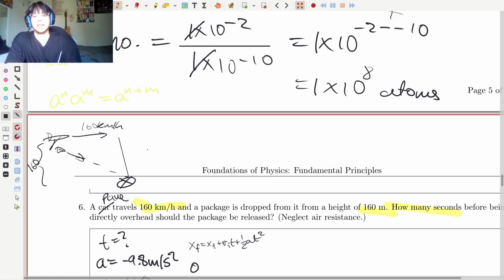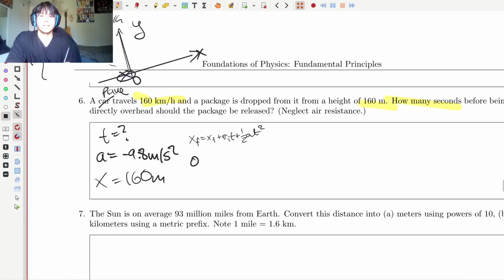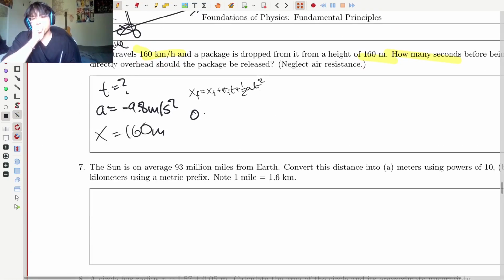positive. So we can imagine that this scenario is graphed on this xy plane here, where this is our origin and this is our x and this is our y, where this is going in the positive directions. So 0 is our final displacement.